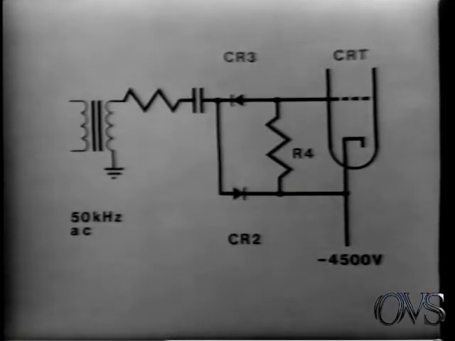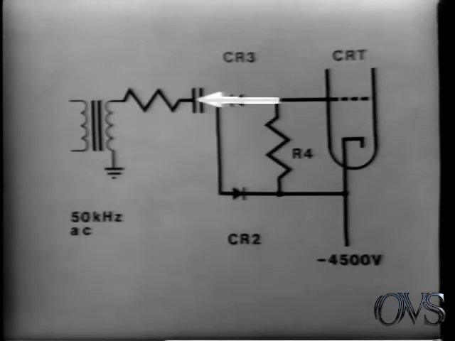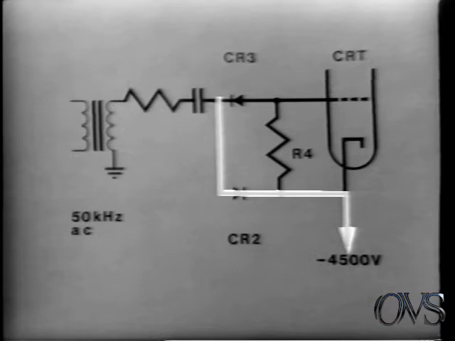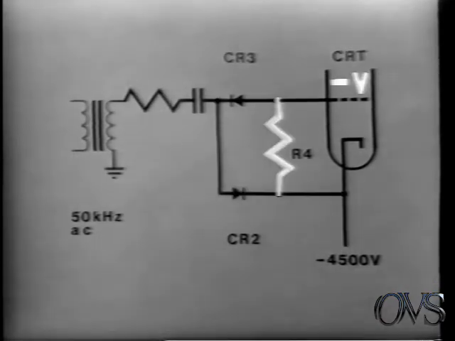On 1/2 cycle, current flows through CR3 and R4. On the other half cycle, current flows through CR2. The voltage drop developed across R4 provides a negative voltage on the grid of the CRT.